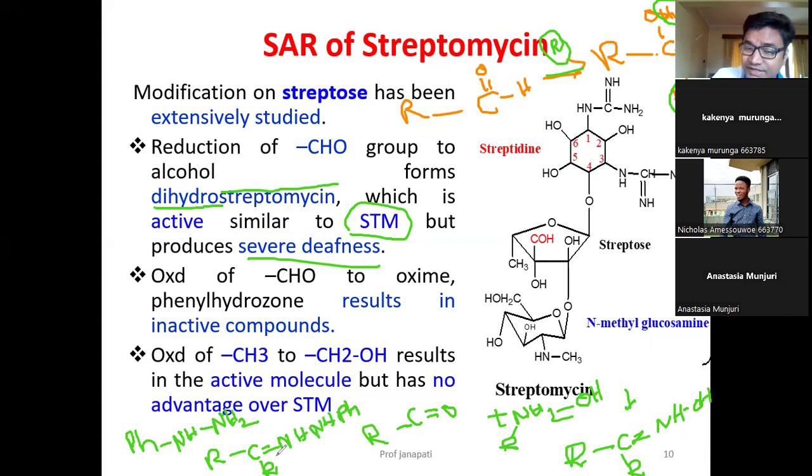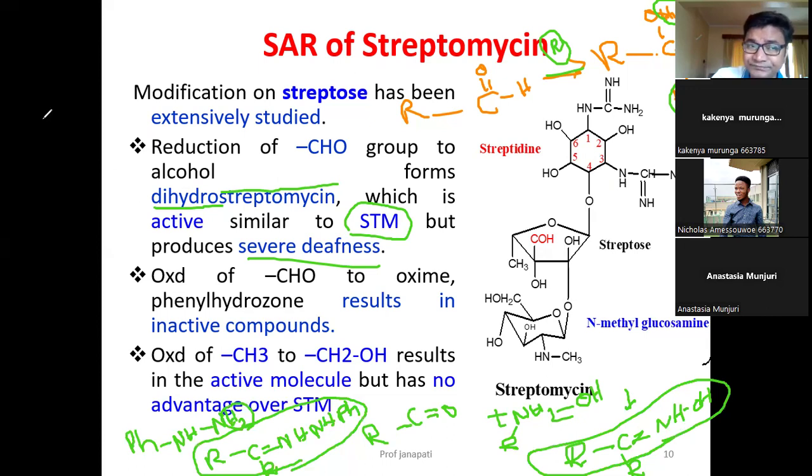If it is a ketone, the double-bonded oxygen is lost and you get the hydrazone. These are hydrazones, phenylhydrazones, and these are oximes. Both of them resulted in inactive molecules.